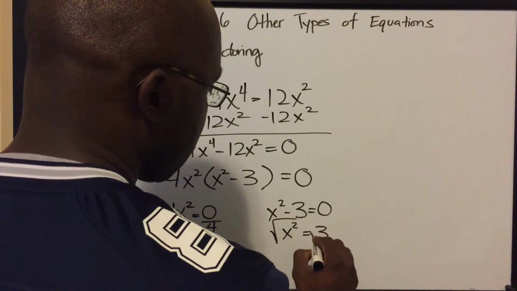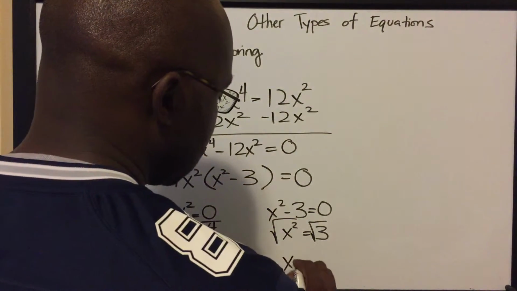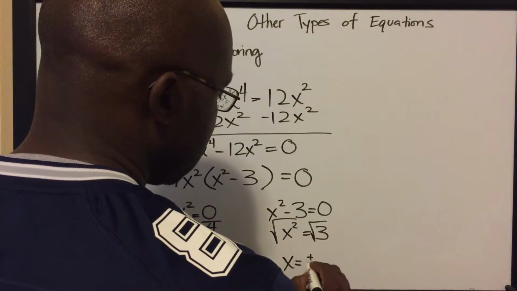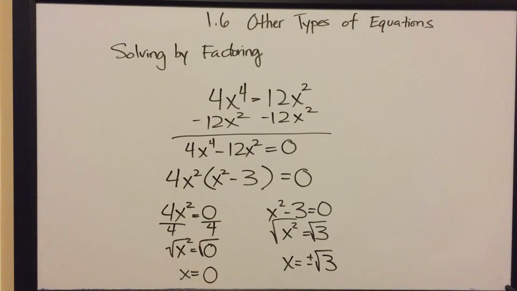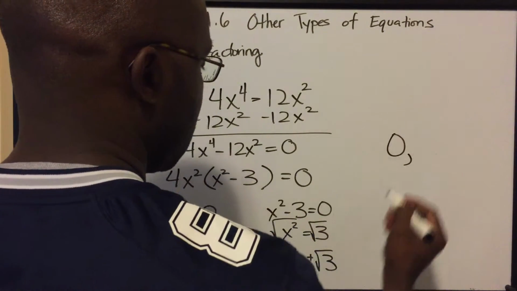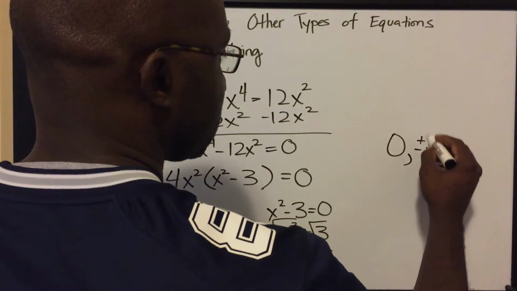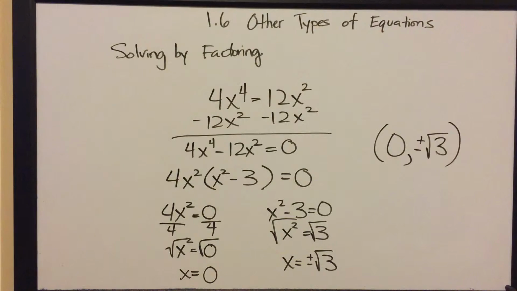So x is equal to plus or minus square root of 3. So our answer is 0, comma, plus or minus square root of 3. So that's solving by factoring.